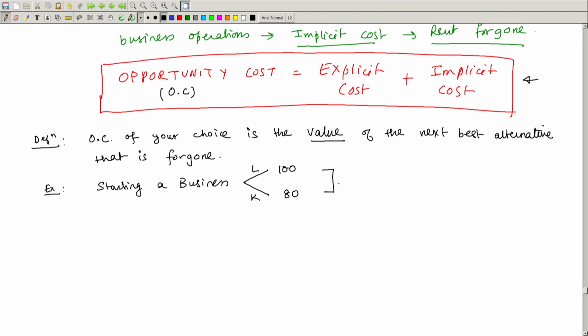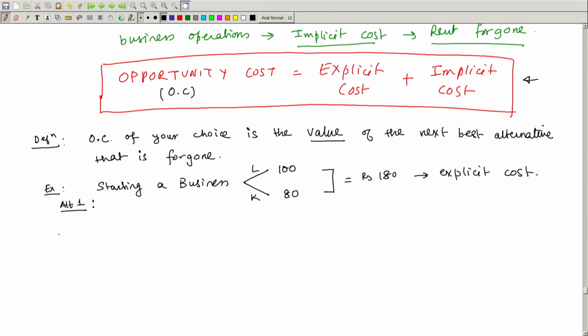So, if you add these up, rupees 180 is your explicit cost. Think of this as alternative 1. Alternative 1 is for you to start your own business and it costs you 180 rupees in direct monetary expenses as labor expenses and raw material or capital expenses. So, that is your explicit cost.